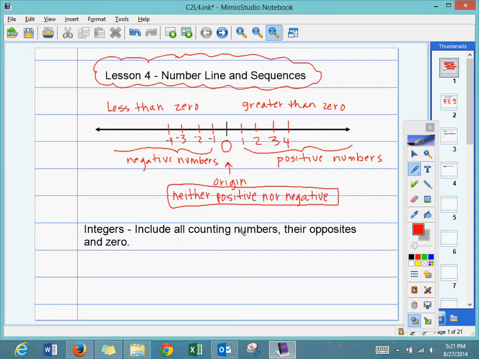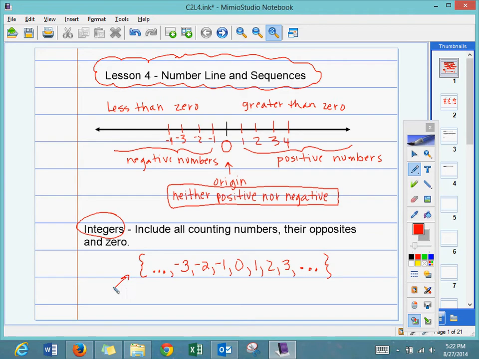And so what we just illustrated in that number line are the integers. Those are all of the counting numbers, 1, 2, 3, 4, their opposites, so -1, -2, -3, -4, and on in both directions, and 0. To write that in set notation, we can do the brace, then the ellipsis, then a comma, and then we start with the leftmost number: -3, -2, -1, comma 0, comma 1, 2, 3, comma, ellipsis, and brace.